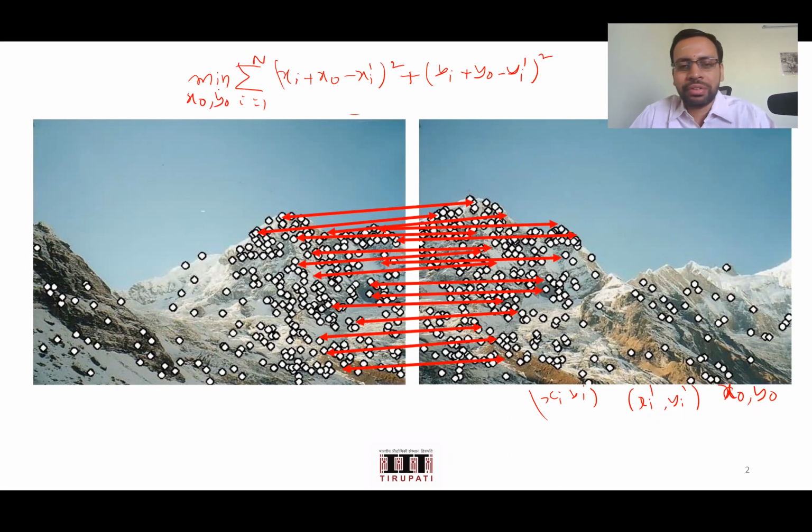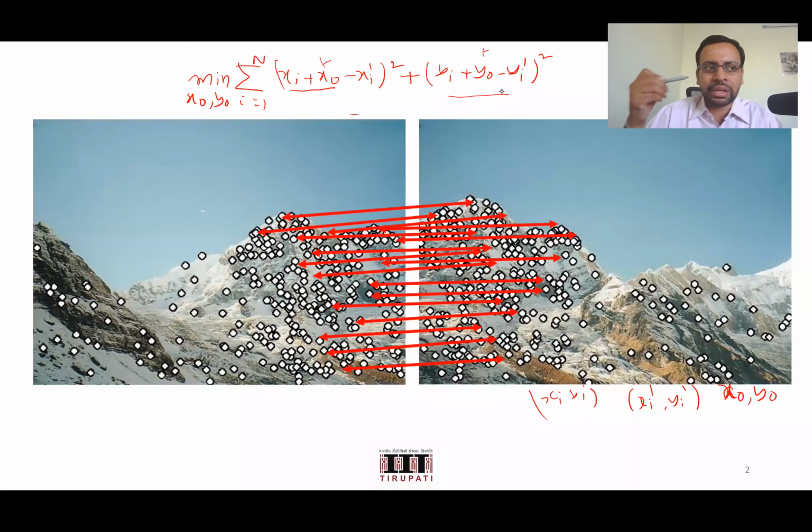Is this clear to everyone? I'm just simplifying the problem. I'm not using matrix notation at all to make things simple. So xi plus x naught should ideally be xi prime, which is not the case because x naught and y naught could be slightly different for each point. So the error I'm getting in the x direction is this, in the y direction is this.